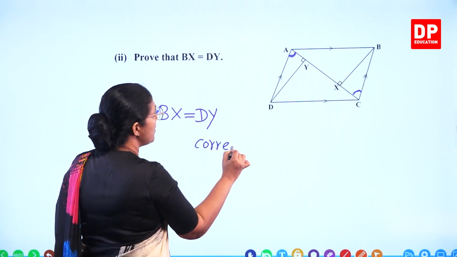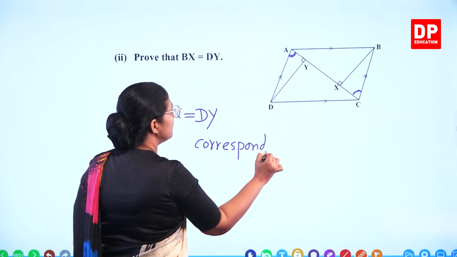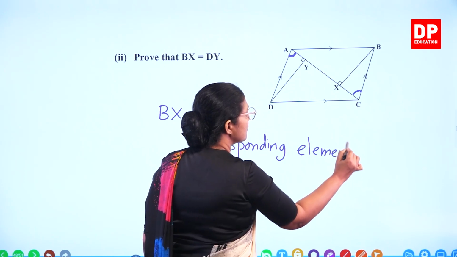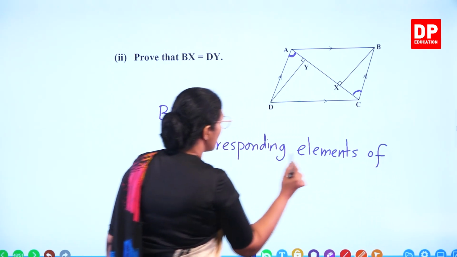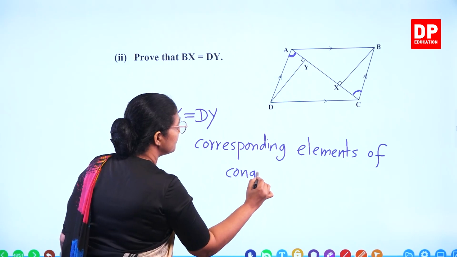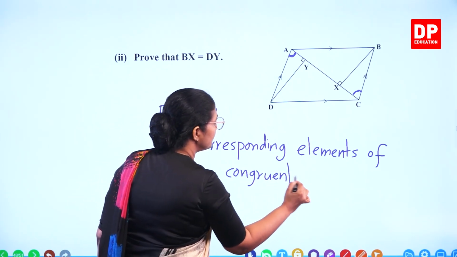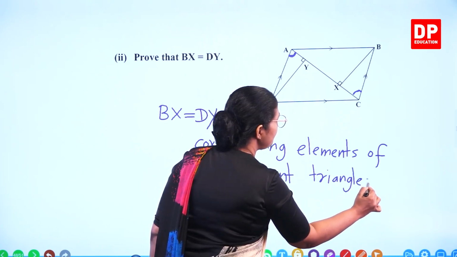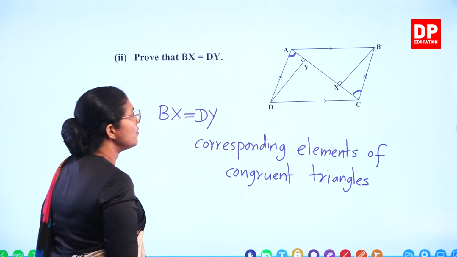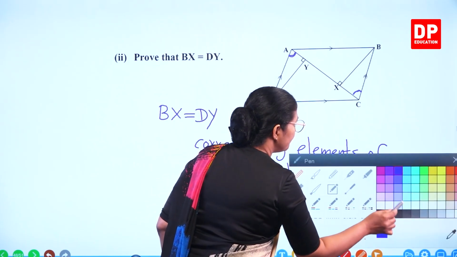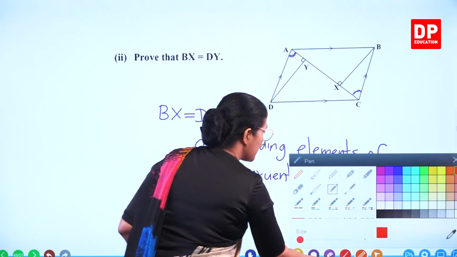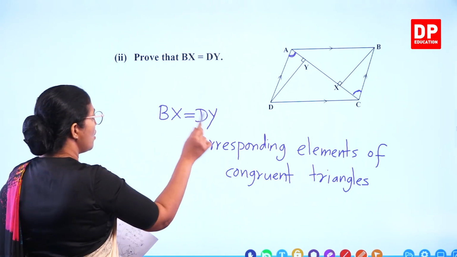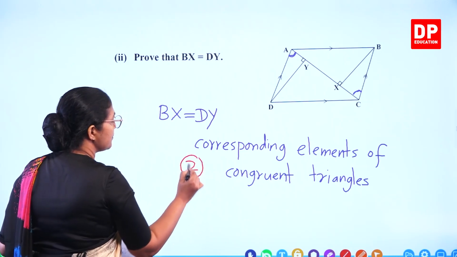Corresponding elements of congruent triangles. So that's the reason. You have to write down the reason. So how many marks for this part? You are getting 2 marks for writing down the reason.